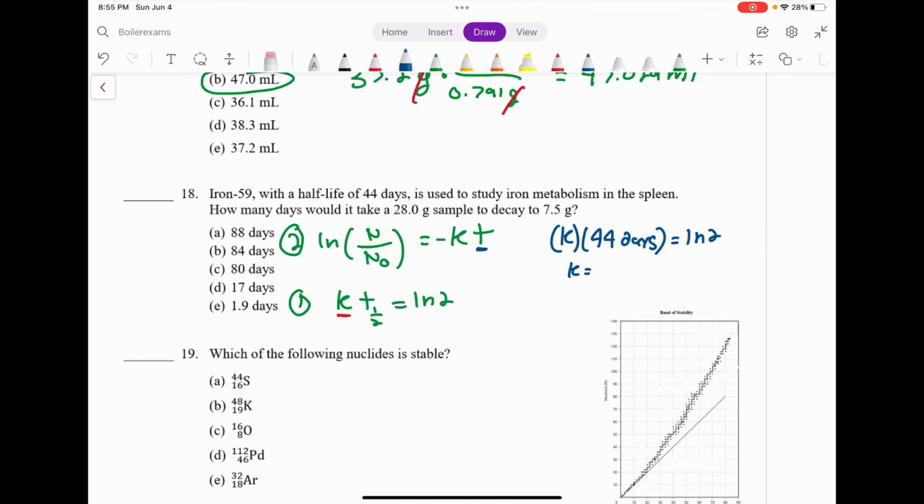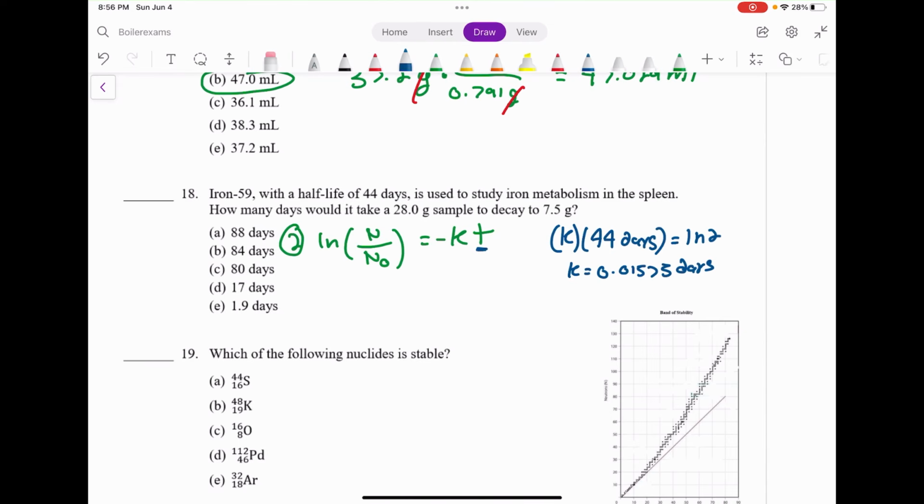So k equals the natural log of 2 divided by 44. So there we go. Now we have k. This equation can go away.